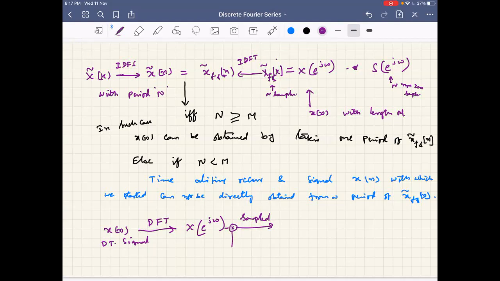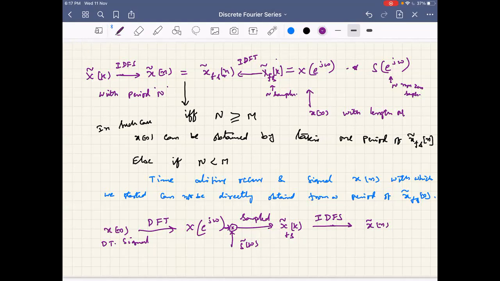By multiplying with x tilde of omega, to get x tilde of k. This is fs of k, sample k, and here you took the inverse DFS or DFT. We will see later that it is exactly the DFT, to get x of n. In the next discussion, we will connect to the DFT.